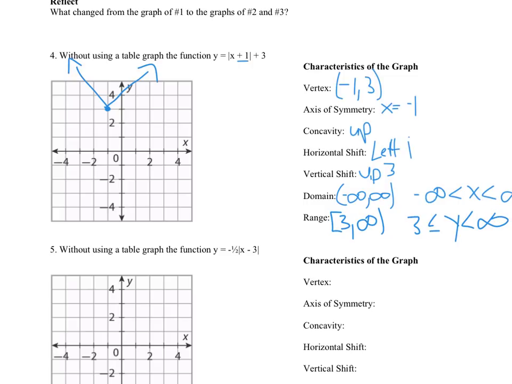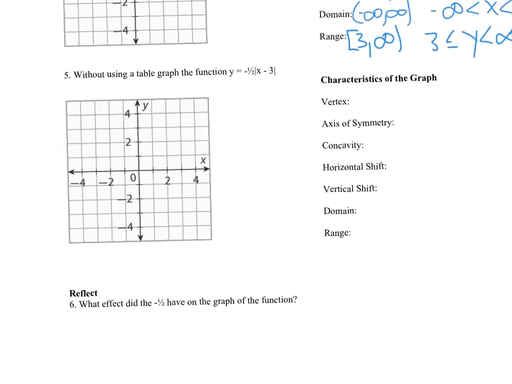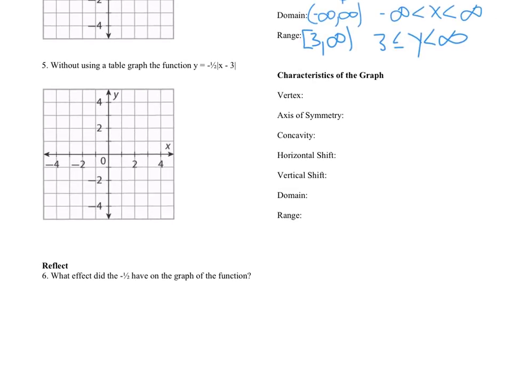All right, let's look at number 5 now. Same deal. We're looking at our vertex. Inside the parentheses is x minus 3, so we're going to go opposite.